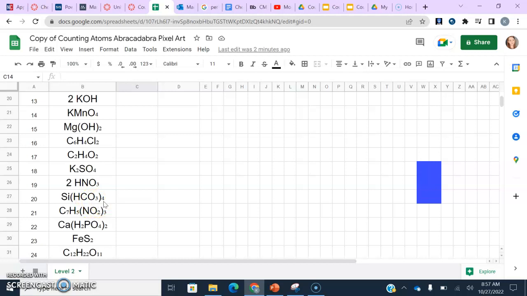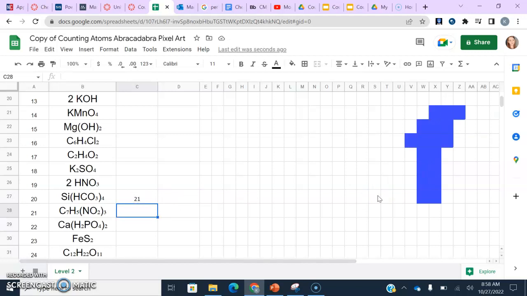Okay, so just to recap, we've got 1 silicon, 4 hydrogen, 4 carbon, and 12 oxygen. Okay, so 12 plus 4 is 16, plus 4 is 20, plus 1 is 21. Let's see if we're right. And we are. Perfect.